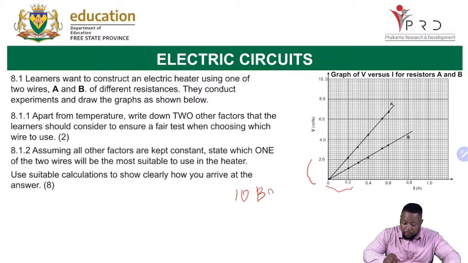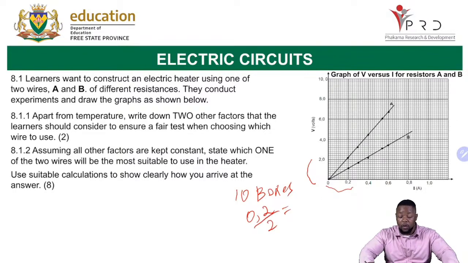These 10 boxes make 0.2. So for you to work with this graph, you need to divide 0.2 by 10. Then you will know each unit of the box. The same with this one, 10 boxes, they make 2. For you to know the unit of each box, you divide 2 by 10 so that you will know the correct measurement of the graph.